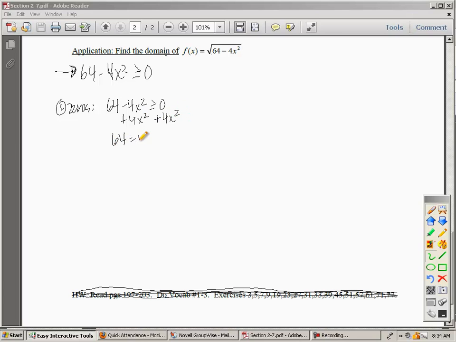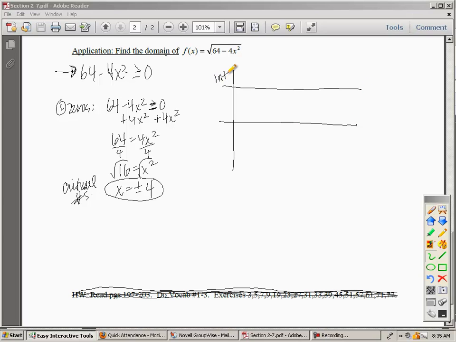So 64 equals 4x squared. To find the 0, I'm going to set it equal to. So I get 16 equals x squared. And when I square root, x is a positive and a negative 4. And so these two are my critical numbers. So let me set up my interval table.